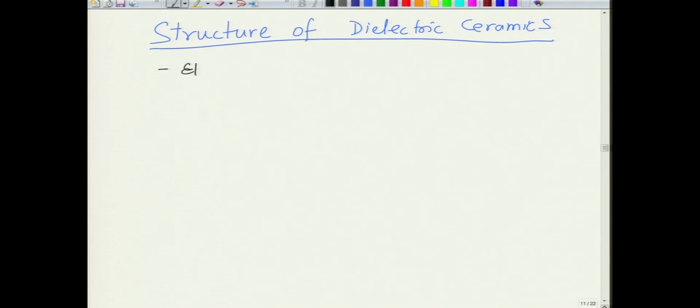You can have electronic structure, which is the structure at the electronic level. You have atomic structure, which is the structure at the atomic level, and then we have structure at the micro/nano level, which is basically microstructure or nanostructure, and then we have what we call macrostructure.